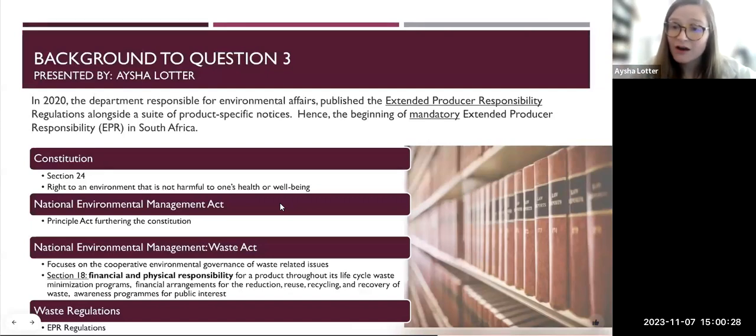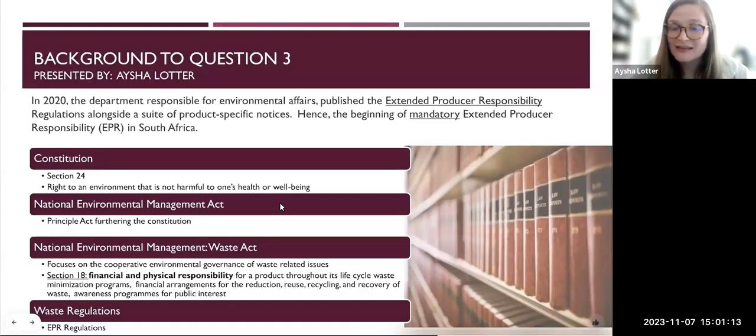So when we speak about EPR, we are really seeing a lot of its defining characteristics flow from the Constitution through the National Environmental Management Act, or NEMA, and then NEMWA, which is the National Environmental Management Waste Act. Within that act, we have Section 18 that clarifies and defines what EPR is to South Africa. And for us, it is financial and physical responsibility of a product throughout its life cycle. This includes waste minimization programs, financial arrangements for the reduction, reuse, recycling, and recovery of waste, as well as awareness programs for public interest.